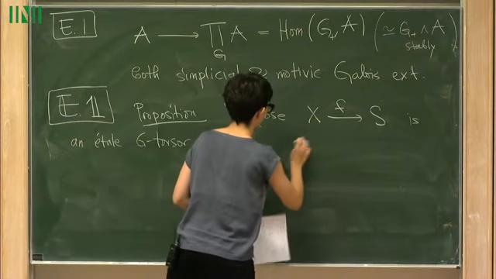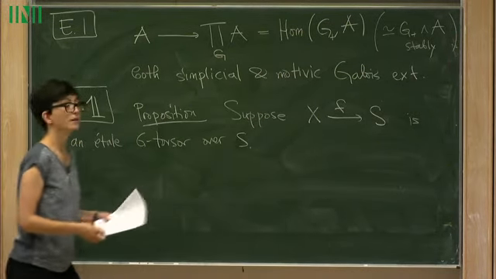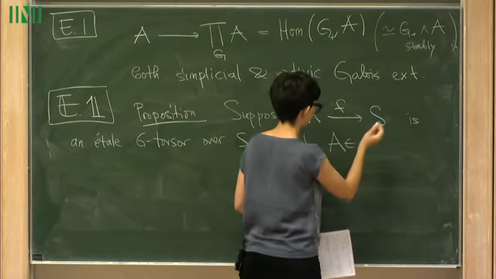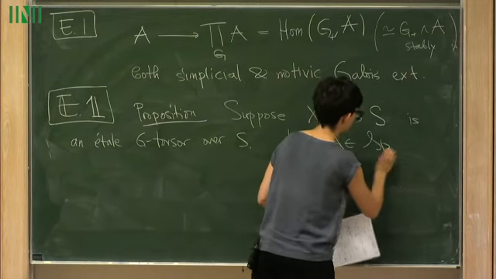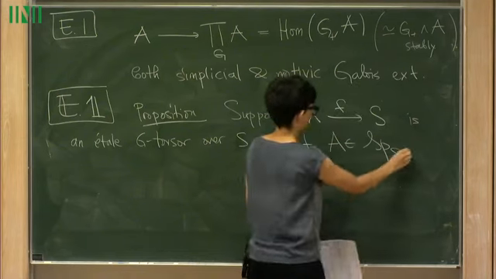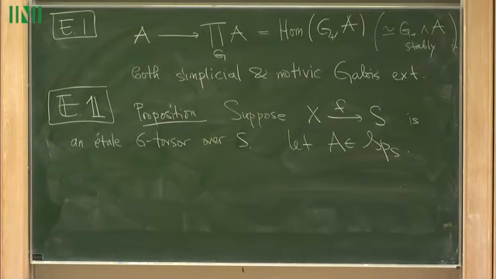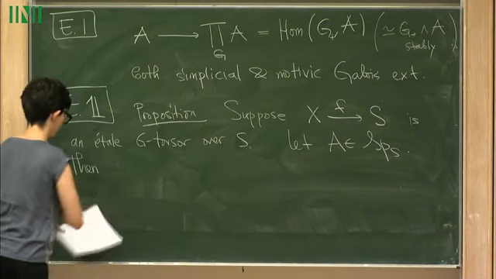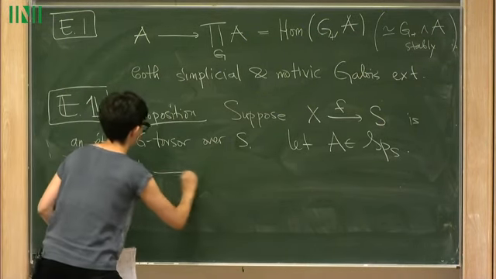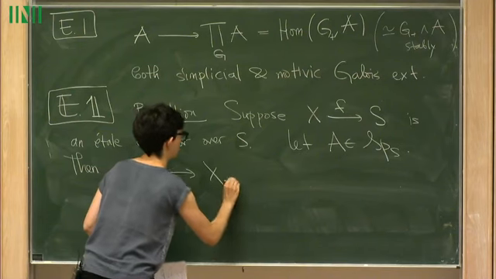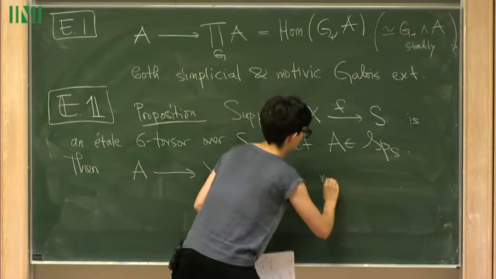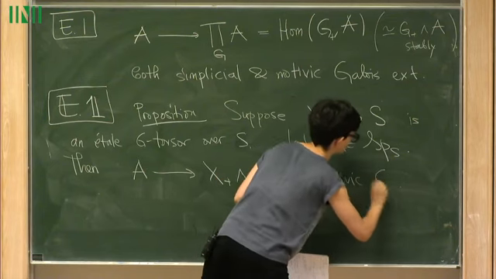And so we take A to be a spectrum, a ring spectrum over S. And then the claim is that then X plus smash A is motivic G Galois.